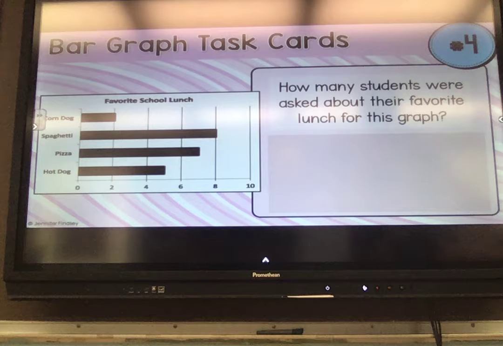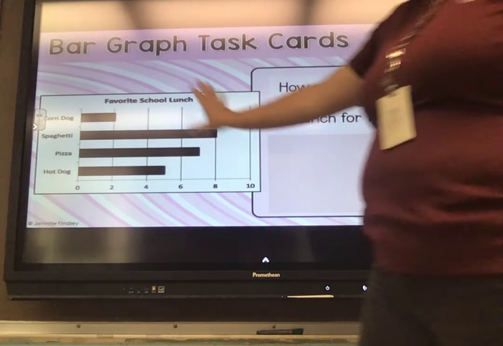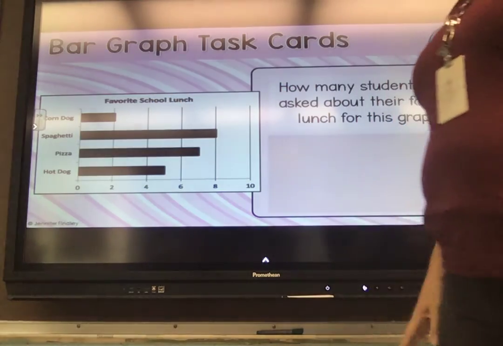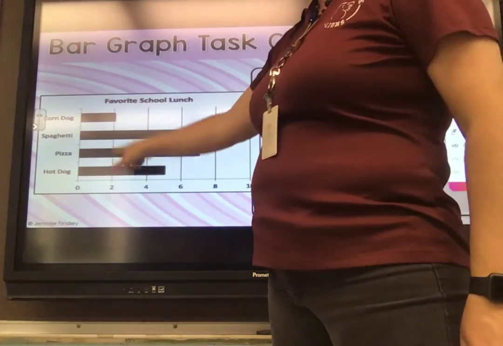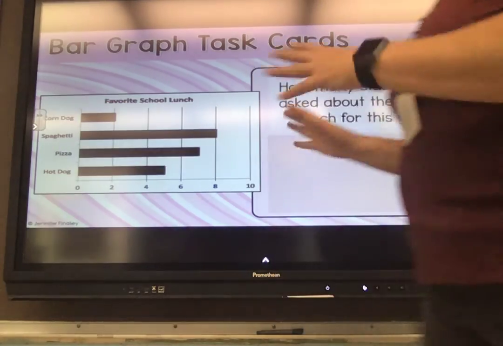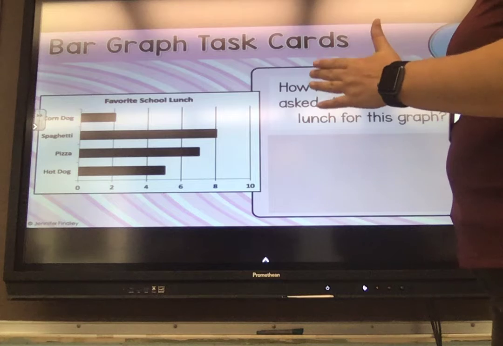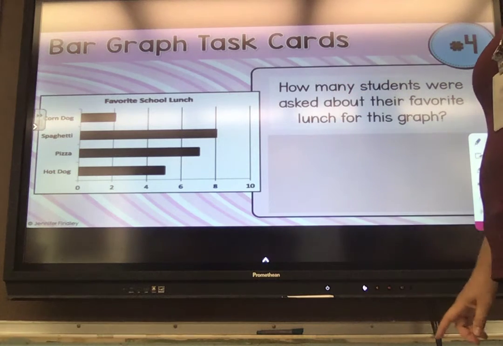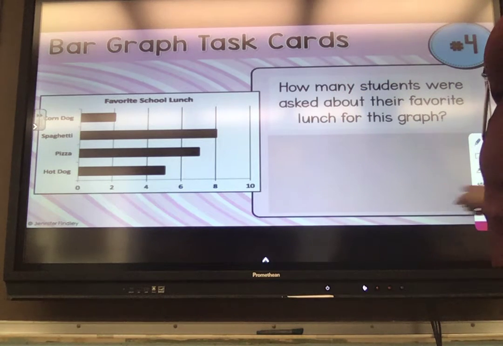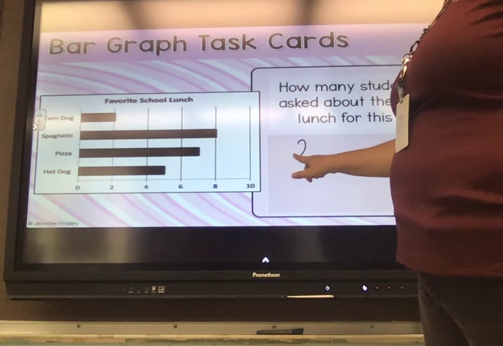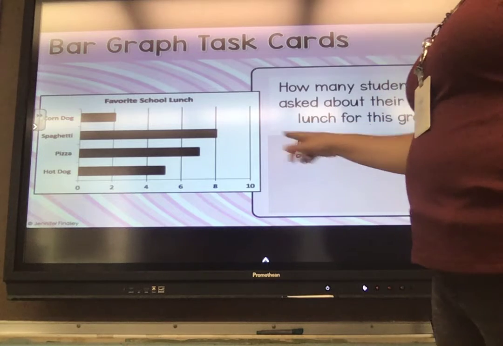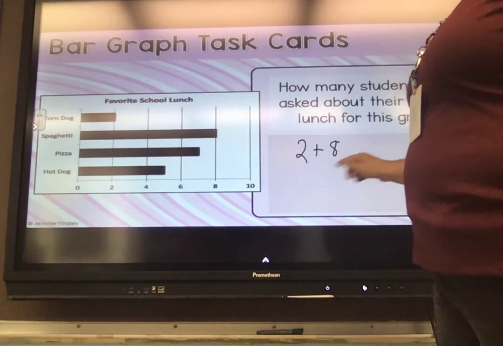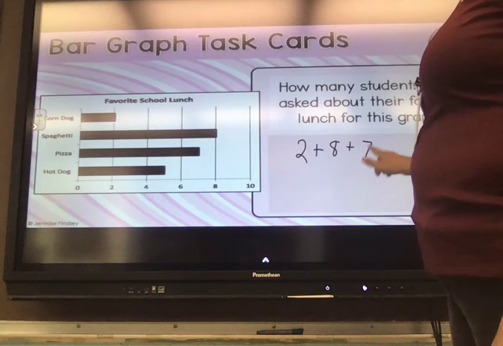Number 4, how many students were asked about their favorite lunch? So this entire graph is about favorite lunch. So this one is one where we would have to put all of our numbers together because the whole graph is about lunch. Everybody on the graph was asked a question about their favorite lunch. So corn dog was 2, spaghetti 8, pizza is between 6 and 8, so between 6 and 8 would be 7.